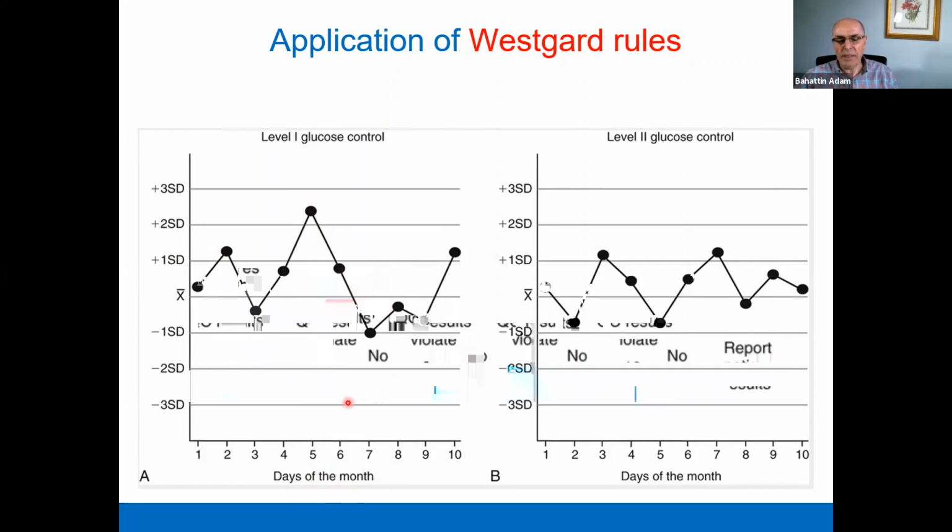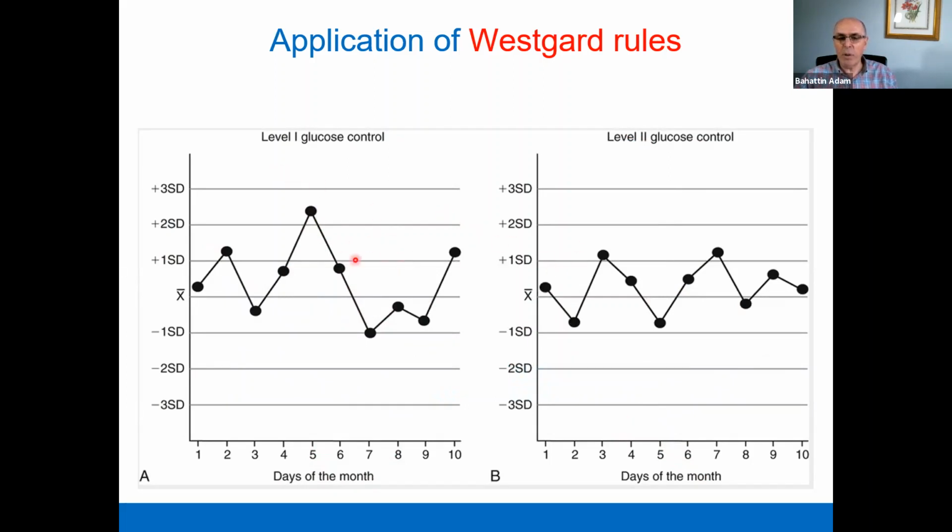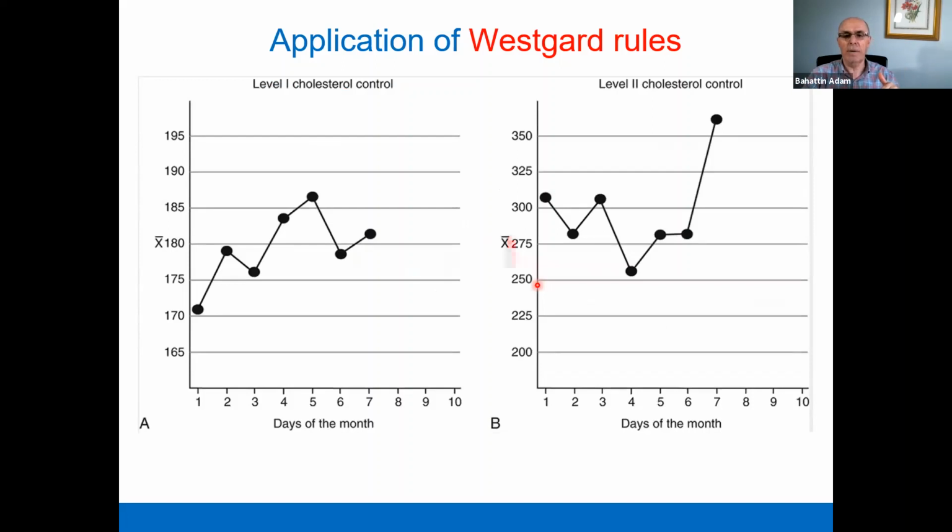However, in the same day, the other control is normal, okay. Therefore, we call this a warning rule, and you will accept this. In the warning rule, only one control is out of the range, the other is normal.